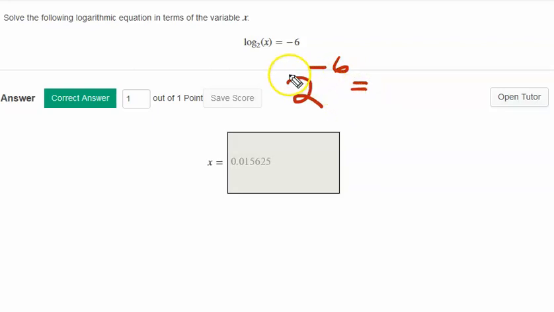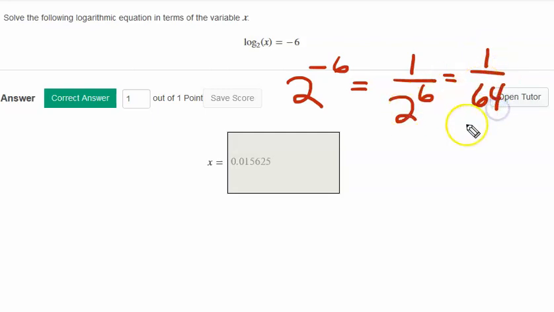Now, again, you could put this in its fractional form. This would be actually 1 over 2 to the 6th, which is 1 over 64.